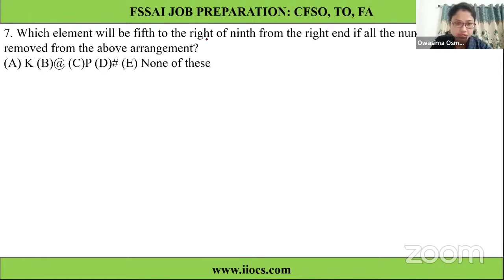Next, which element will be fifth to the right of 9th from the right end if all the numbers are removed from the above arrangement?